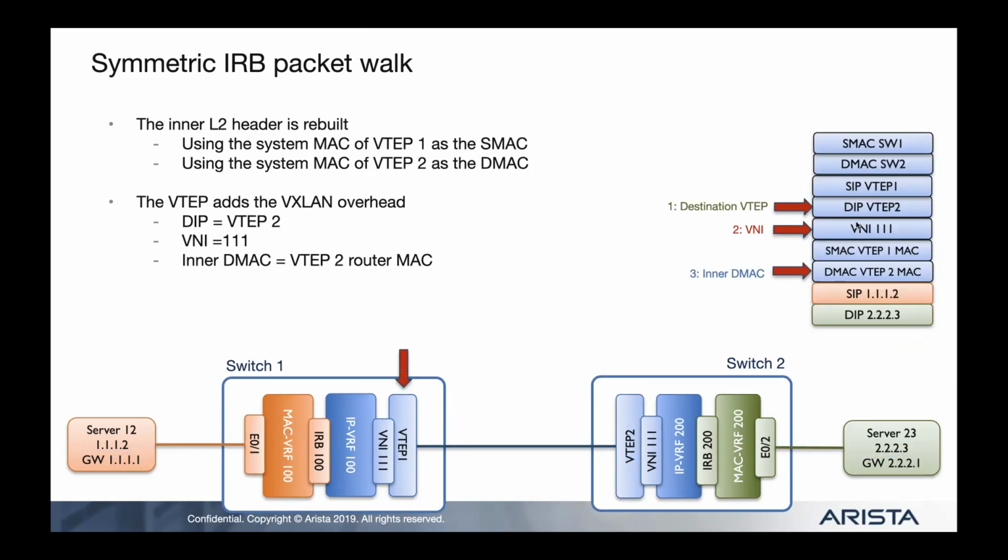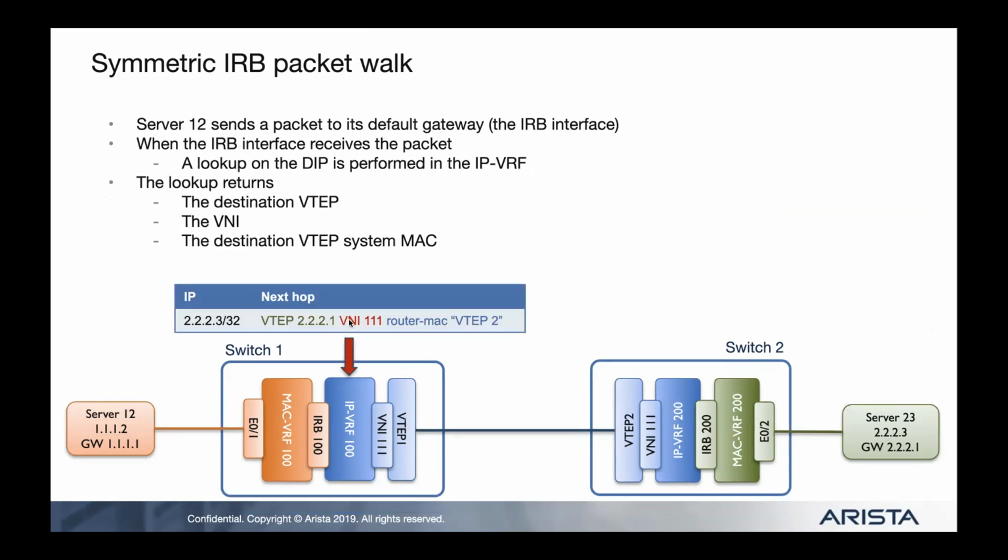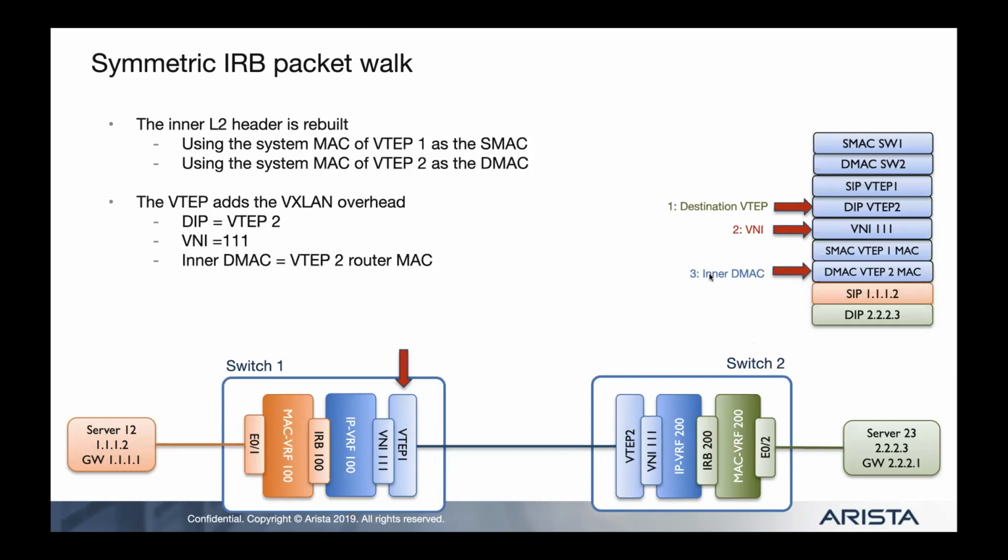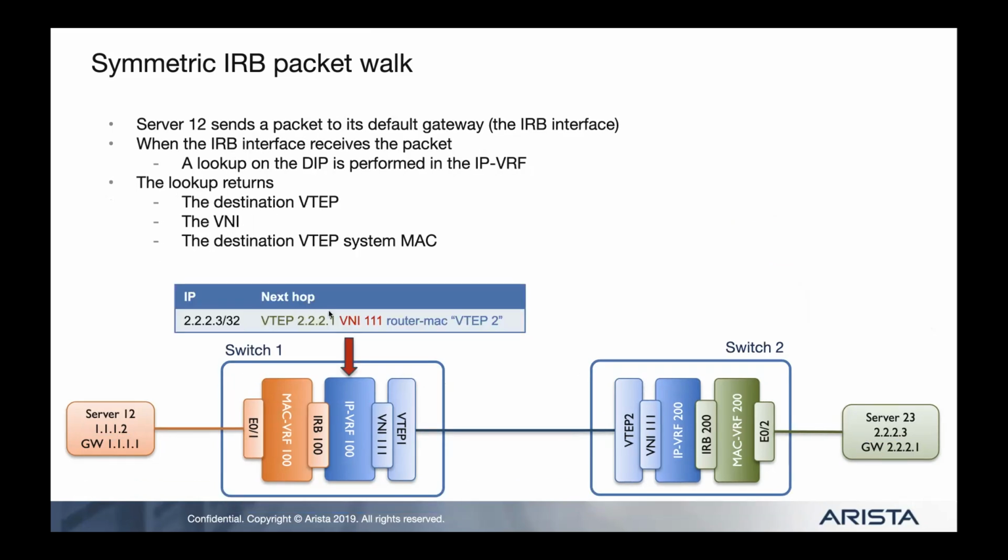On top of this, we have to add the VXLAN header, in which one field is the VNI. We will use this VNI from this route table, 111, that is the IP VRF VNI. The destination VTEP IP is the VTEP IP of VTEP 2, and the source is VTEP 1. So this is the outer header: the source IP is your VTEP 1 IP and the destination VTEP IP is your VTEP 2 IP, this 22.2.1 which we have received.